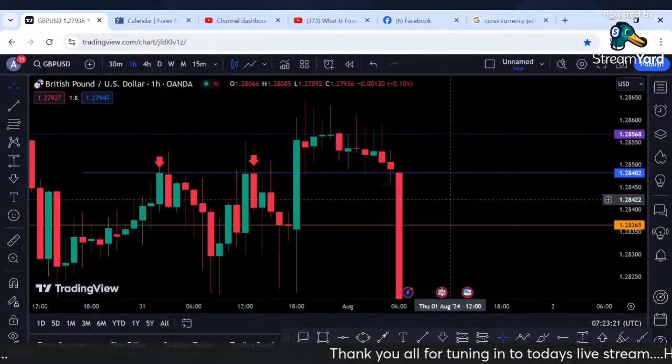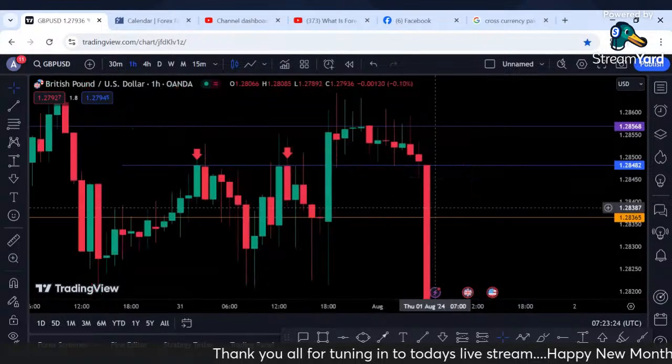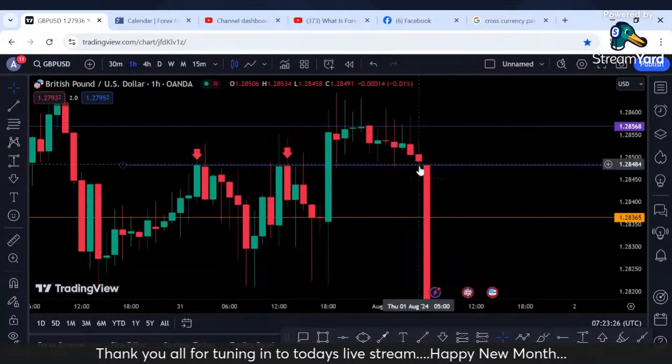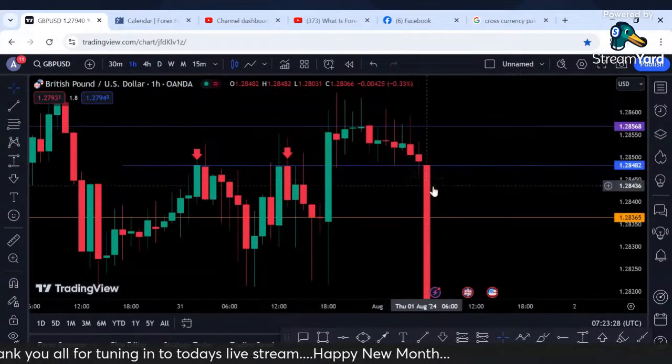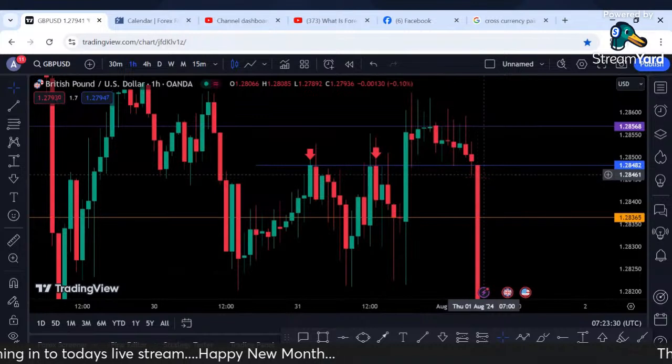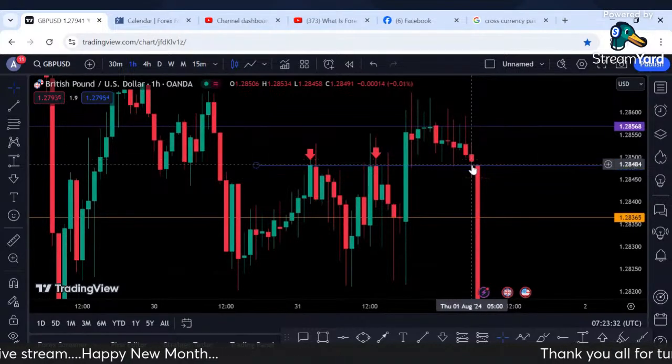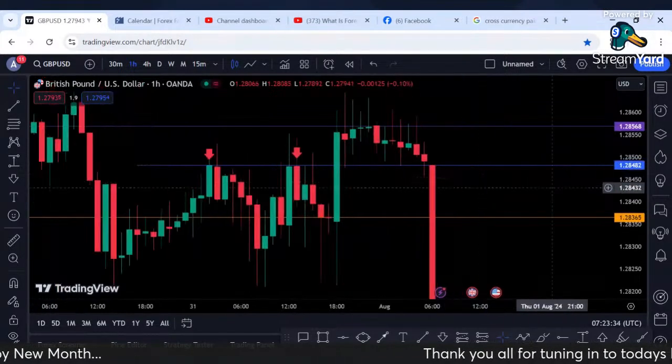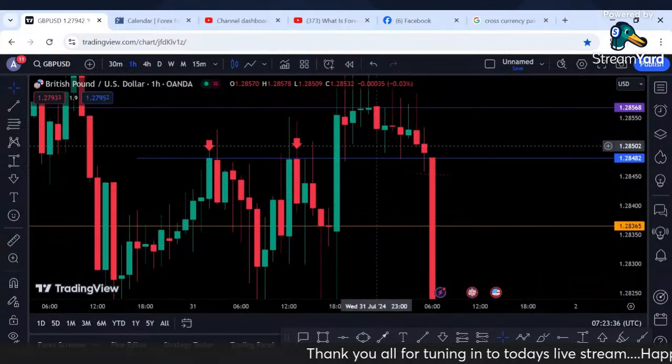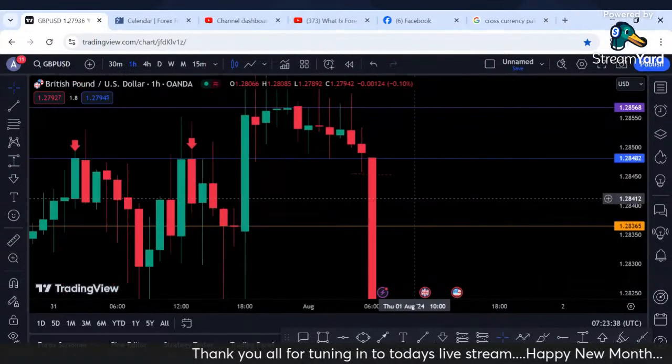This is what I was expecting, but unfortunately the price was breaking. I was sure it would break, but the price wicked inside again and it didn't break.